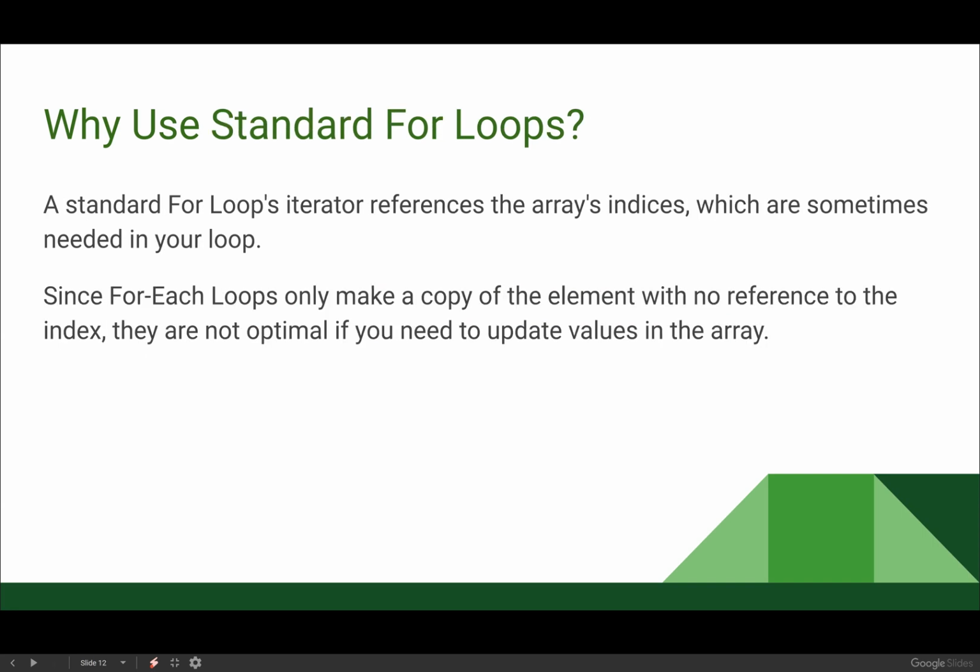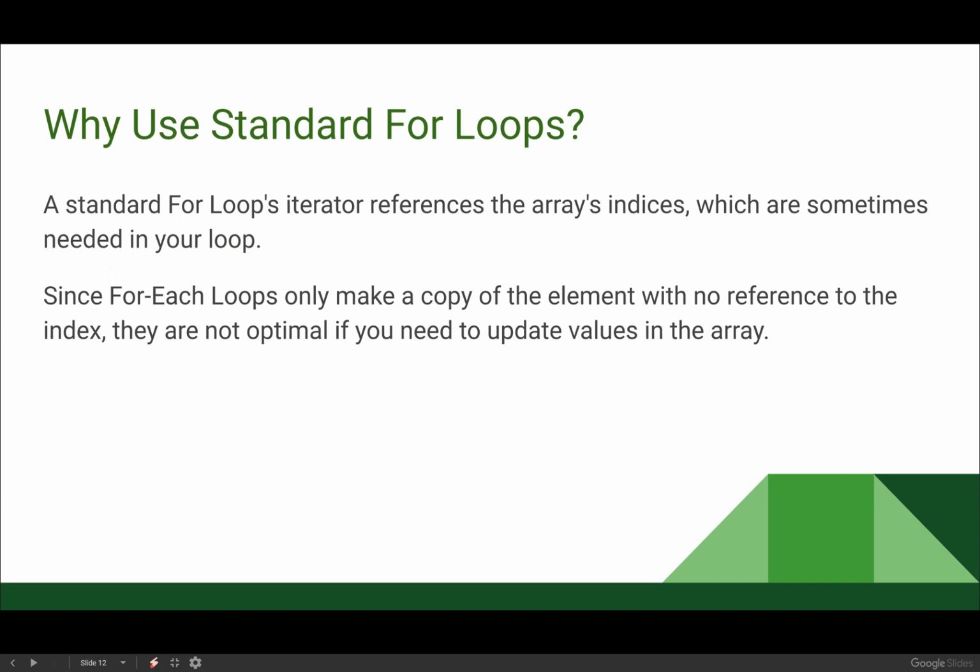And why we might want to use a standard for loop instead. If we need to make use of the indices of the array inside of our loop, we are going to need to use a standard for loop, because the standard for loop's iterator is going to reference those indices rather than the elements themselves. And since for each loops are making a copy of the element, they're not referencing the index whatsoever.